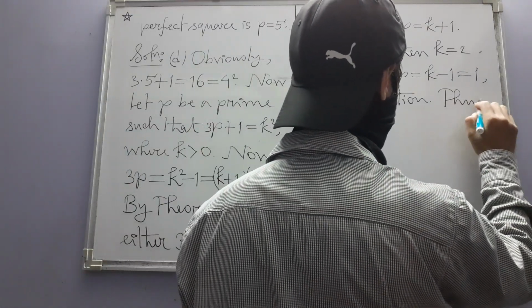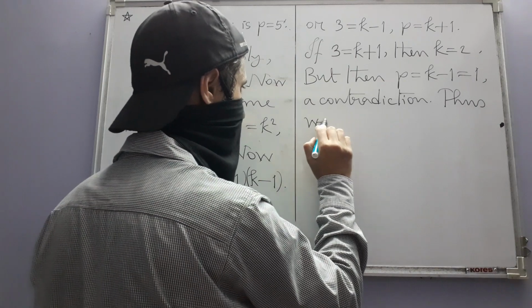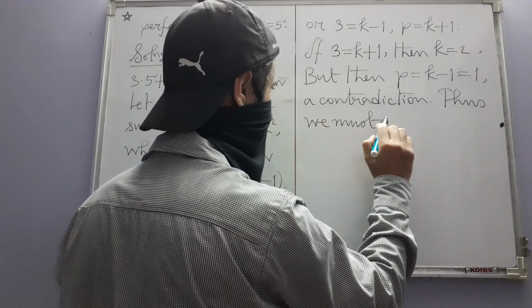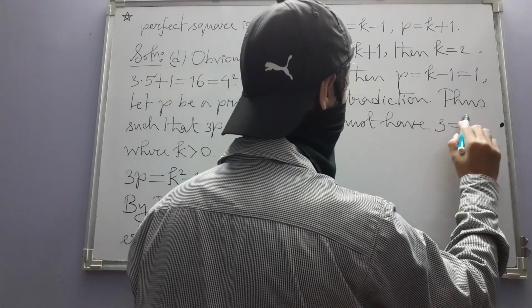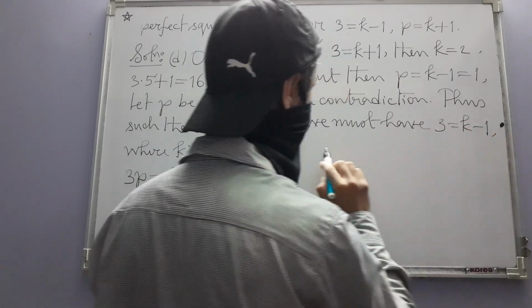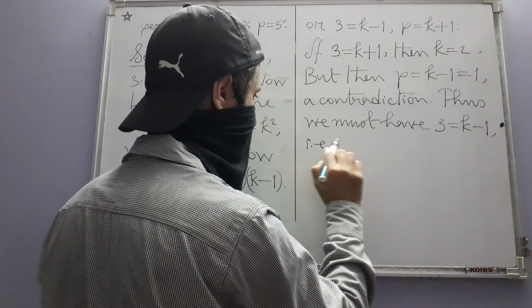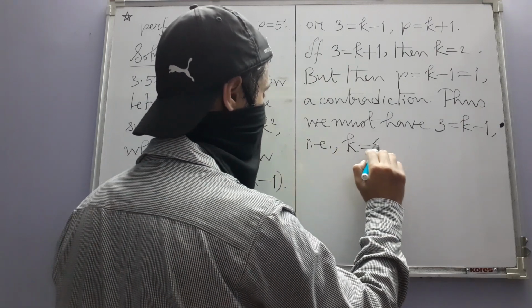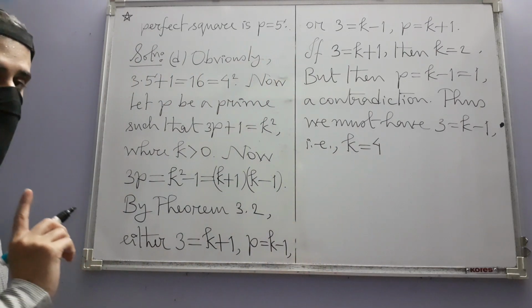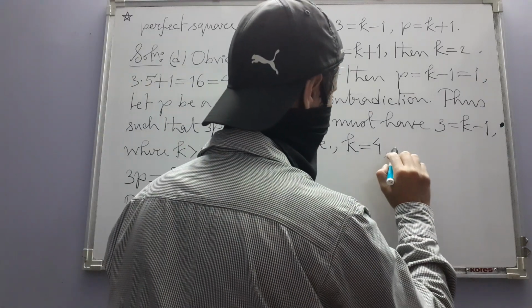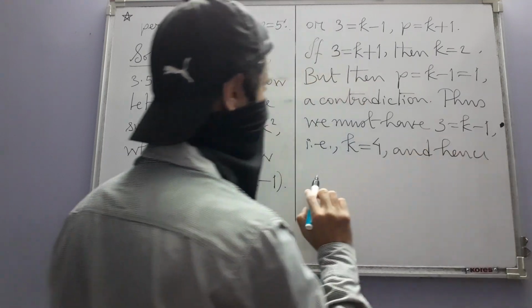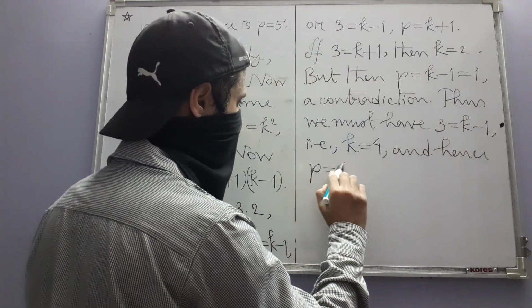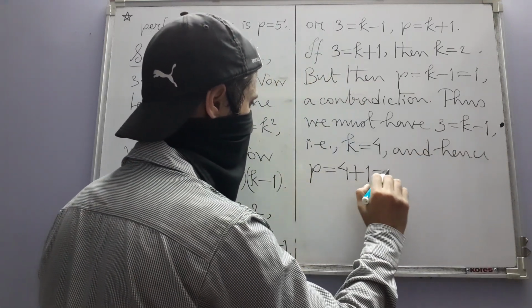Thus, we must have 3 equal to k minus 1, i.e. k has to be equal to 4, and hence p equal to 4 plus 1 equal to 5.